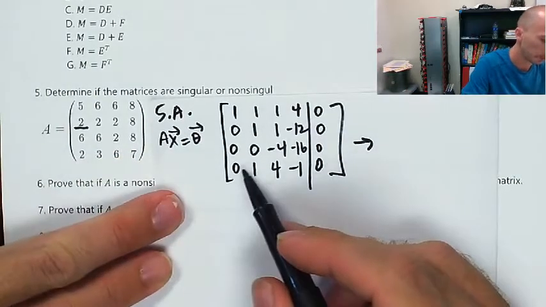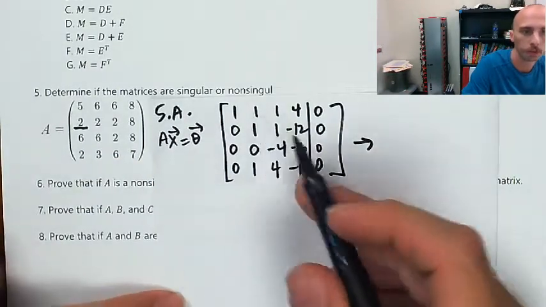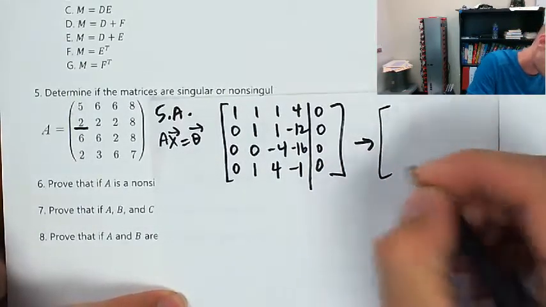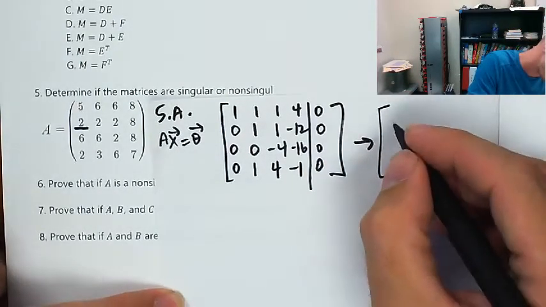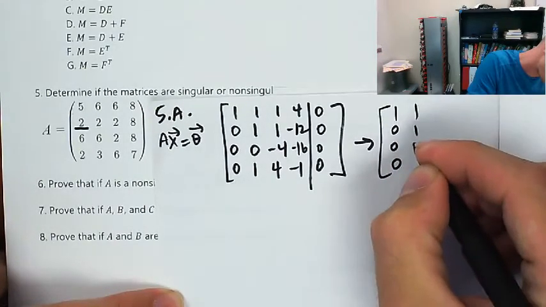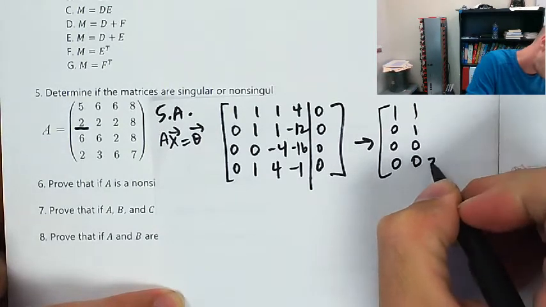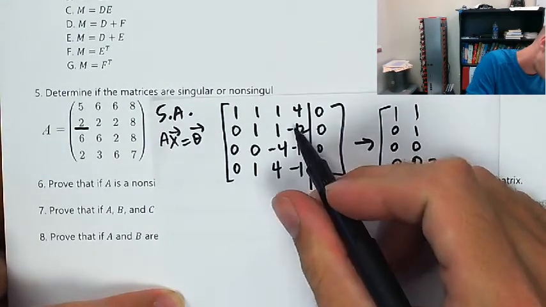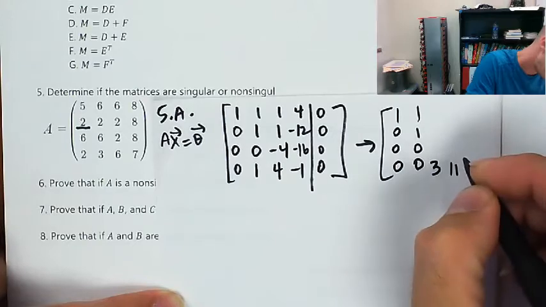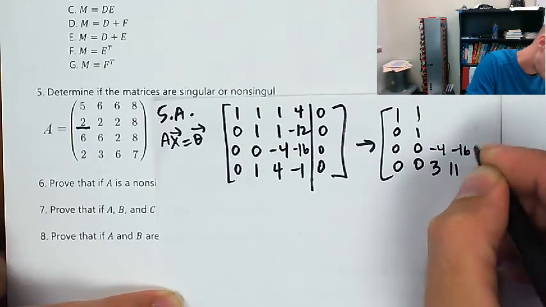Now I'm going to need to subtract this row minus row 2, and so I'll have 4 minus 1 is 3, and negative 1 minus negative 12 is 11. Negative 4, negative 16.